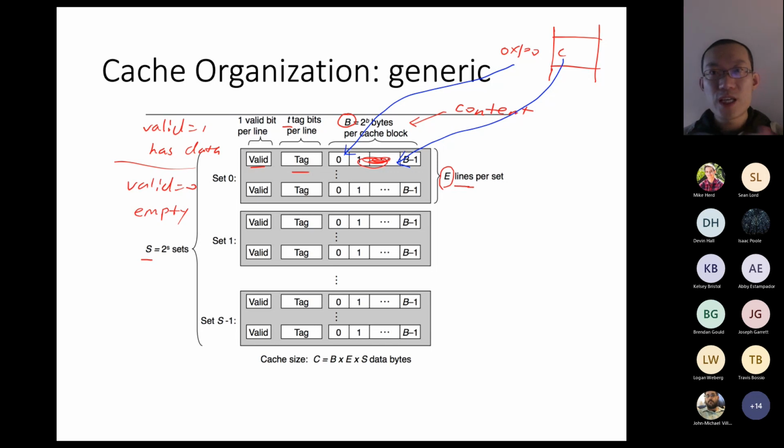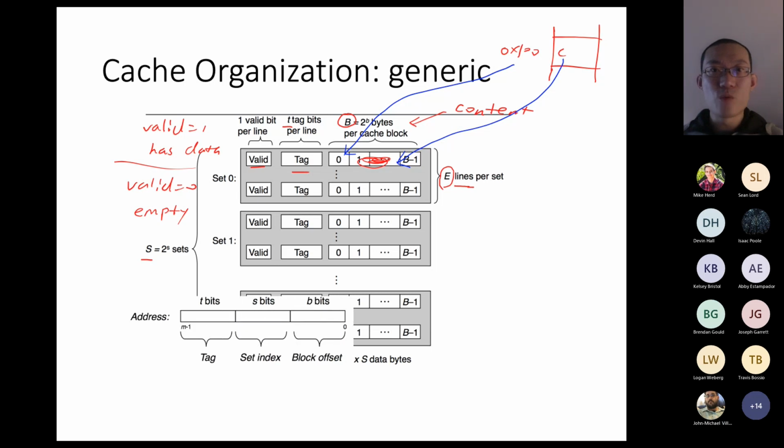So how do we keep the address in the cache? We would say that the S bits, the set number, the tag, and also the block offset are the way we keep a record of the address.